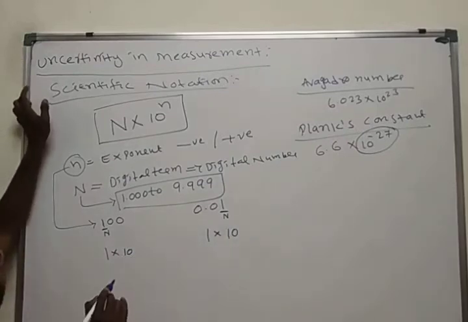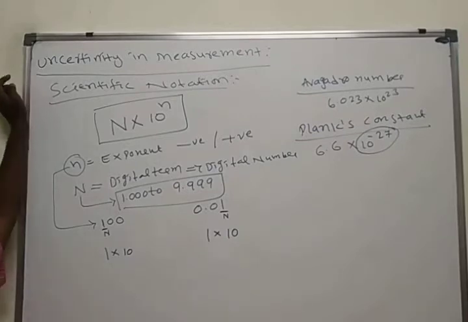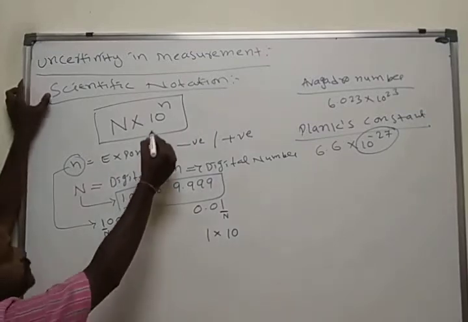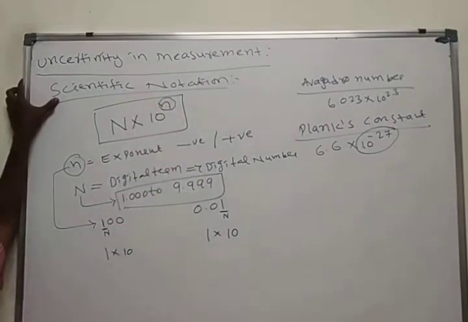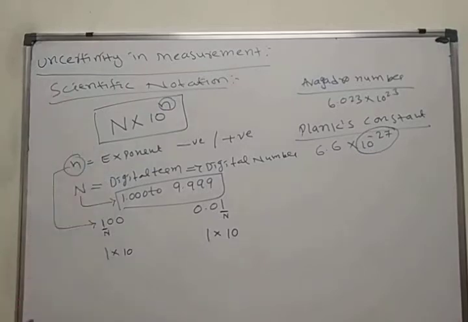If zeros are present after the digital term, when we write the scientific notation of that number, the exponent should be positive.